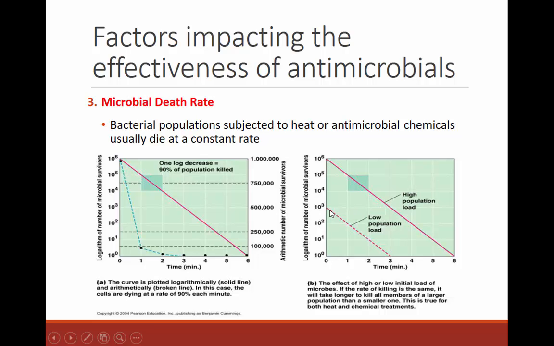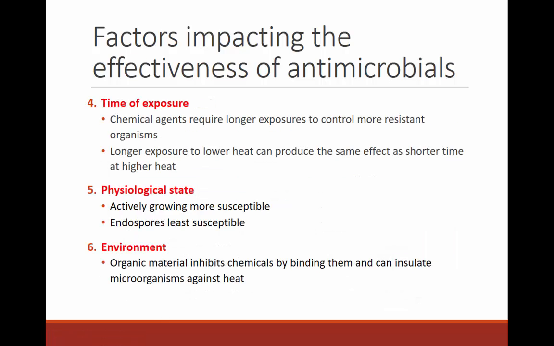If we halve that population load, and we gave it the same heat treatment, then you would get that 1 log decrease, and complete sterilisation by about 3 minutes rather than 6 minutes. So it depends on what the population load is to begin with.